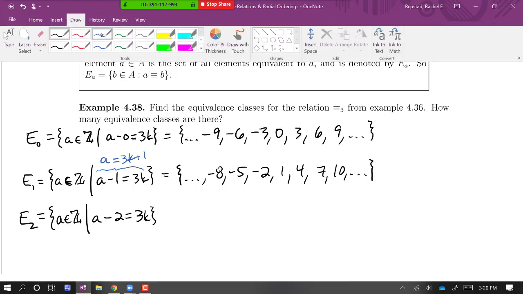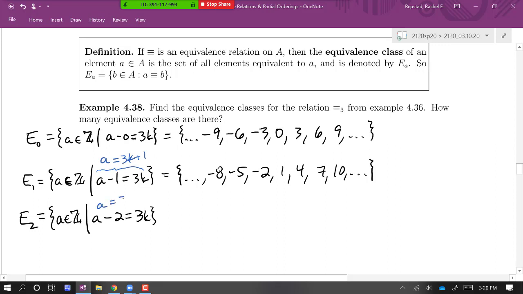And if we do a little algebra to rewrite this, that means that a is 3k plus 2. So 2 more than a multiple of 3, or 1 more than the numbers in the set right above it. Negative, what do we get? -7, -4, -1, 2, 5, 8, 11.